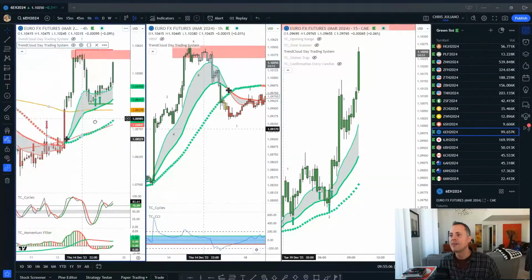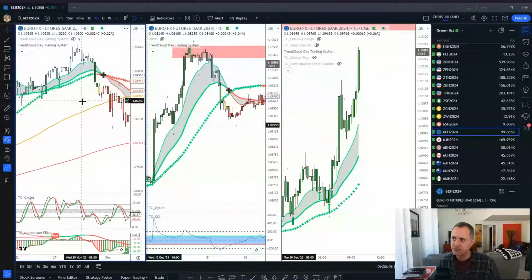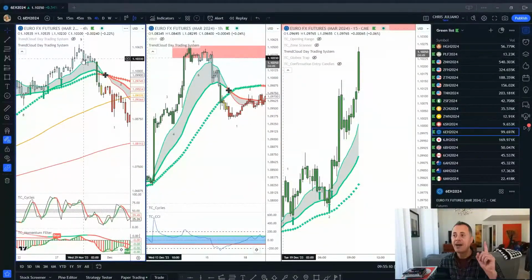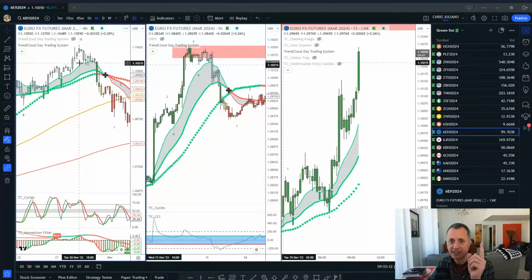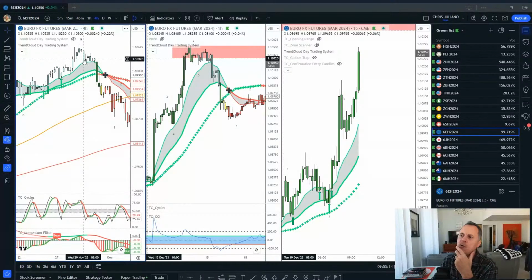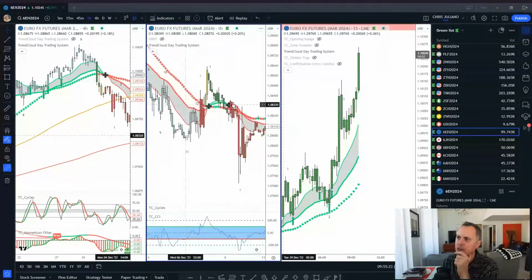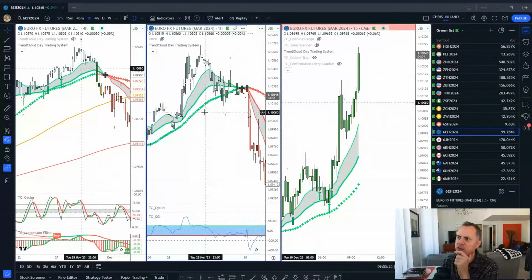But if we're on the high time frame, and right here, the high time frame becomes extended, now the strategy changes, doesn't it? Because it's more about these lower time frames going into complete trend reversal here.